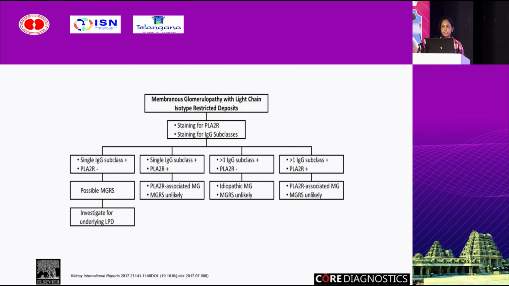It most probably excludes the possibility. Now, the scenario where there was the most significant association was when there was a PLA2R negativity along with a single IgG subclass. Now, in these cases, they feel that it is imperative to investigate for an underlying lymphoproliferative disorder.